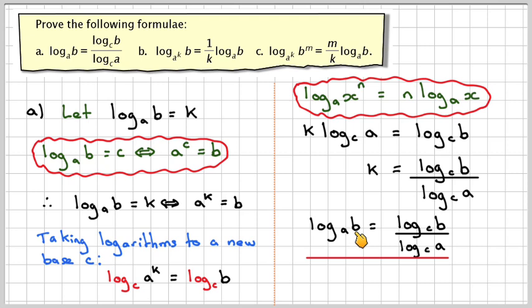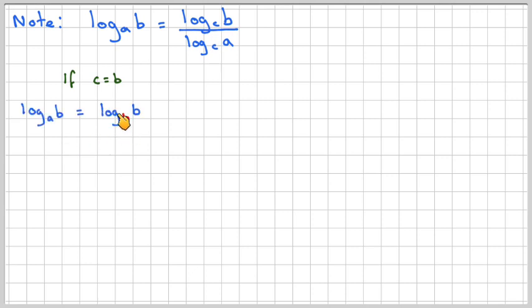Log to the base a of b is log to the base c of b over log to the base c of a. And as I told you, this is known if you want to change the base of a logarithm. We should also note this: if we take that formula and let c equal b, then the right side becomes log to the base b of b over log to the base b of a.